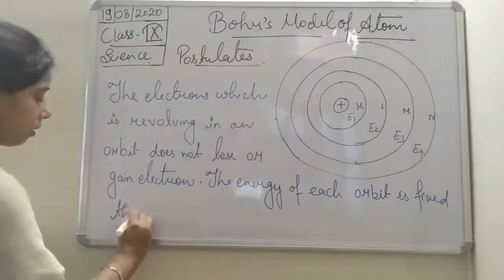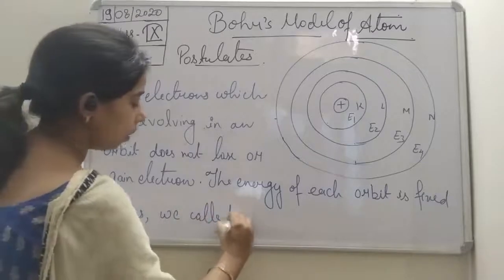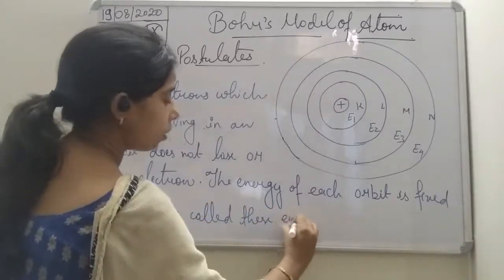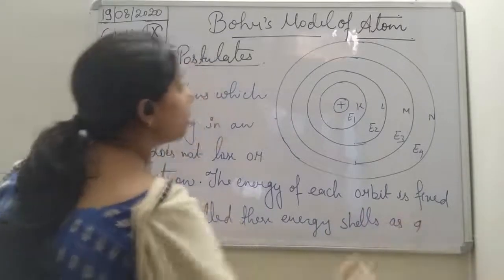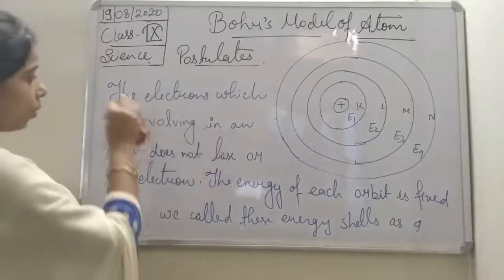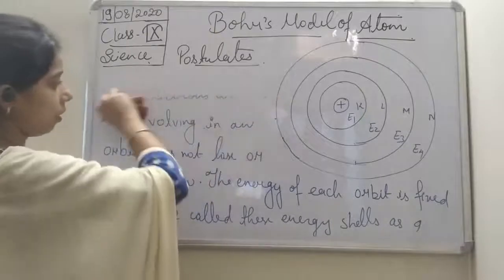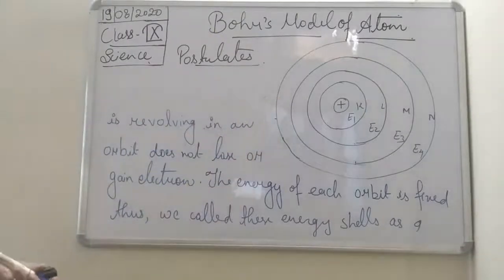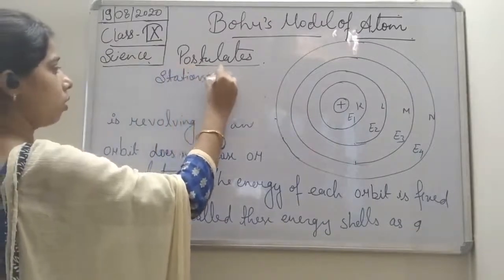Thus, we call these energy shells a stationary orbit. So we write that each energy shell is known as a stationary orbit.